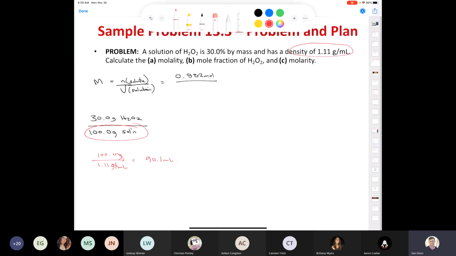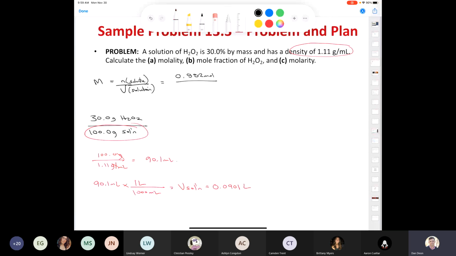Now I can convert that into liters, because I know that in 1 liter I have 1,000 milliliters. So that gives me the volume of my solution as being 0.0901 liters.